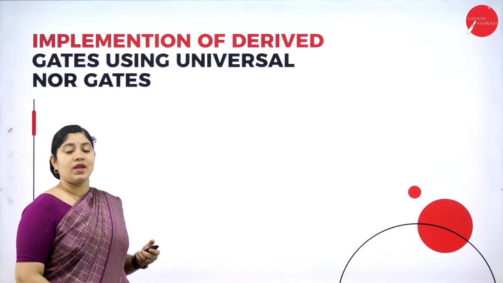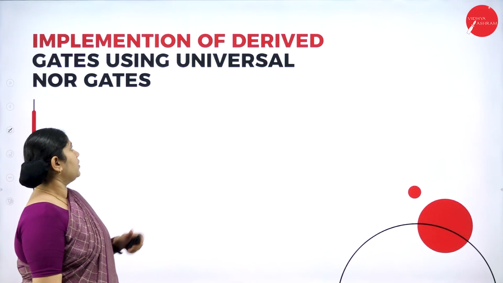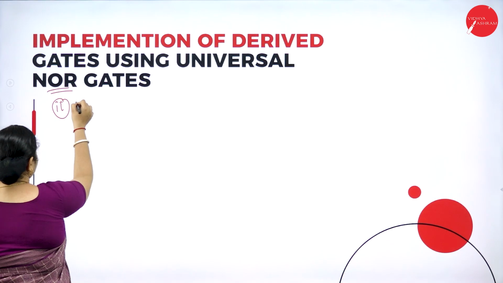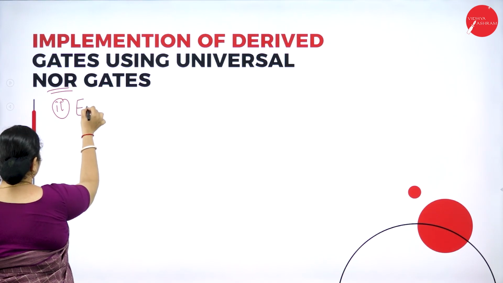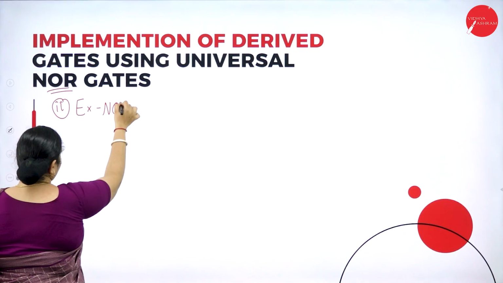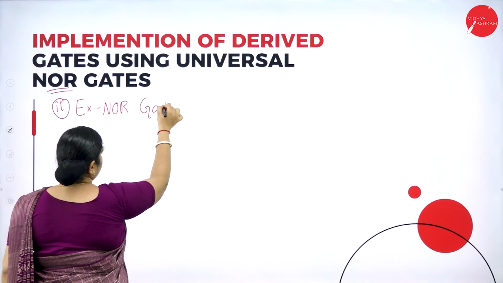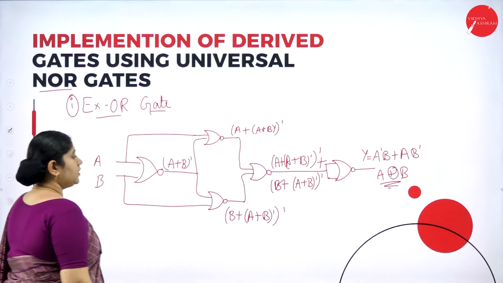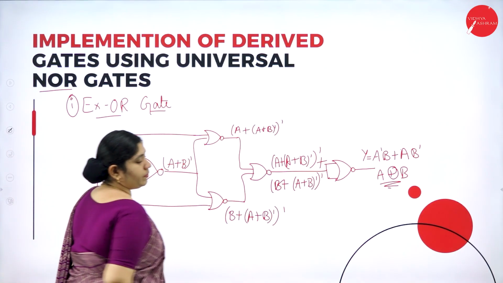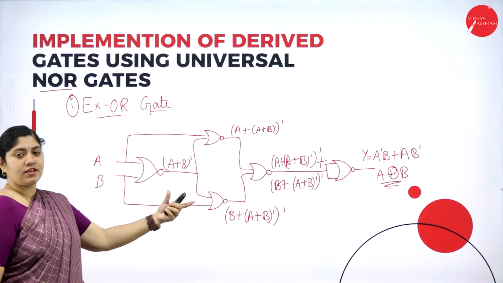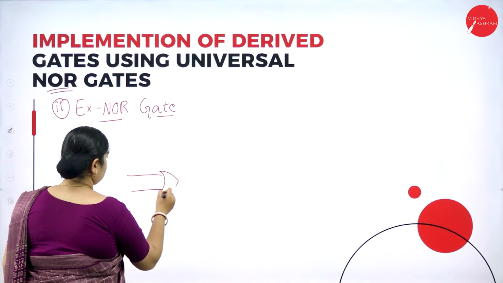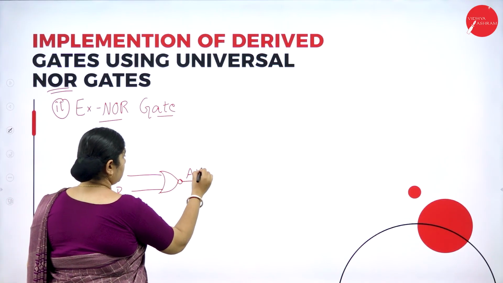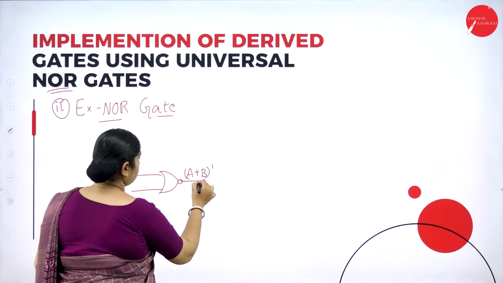So let's head up with the XNOR realization, that's by using a NOR gate. It's almost similar to our XOR gate, where there is no need to include the inverted gate at the last end. So let's start drawing that. A, B. So here we get A plus B whole bar.